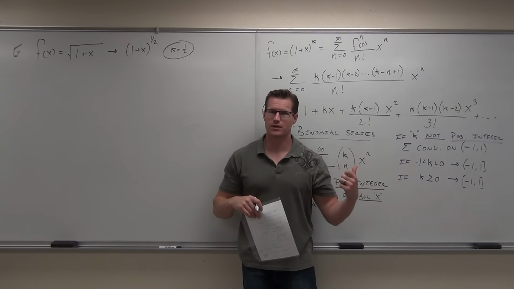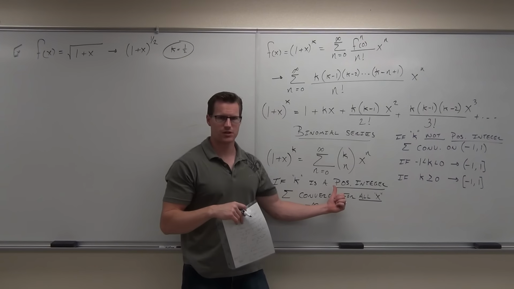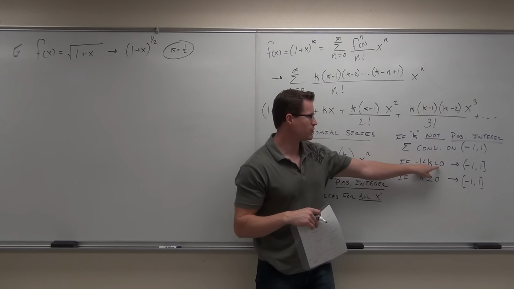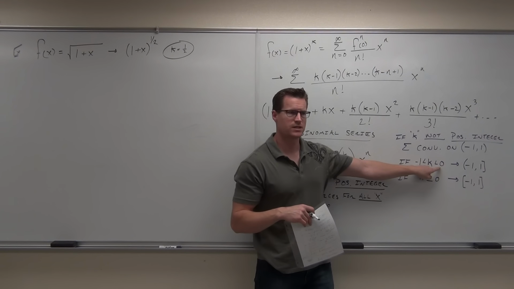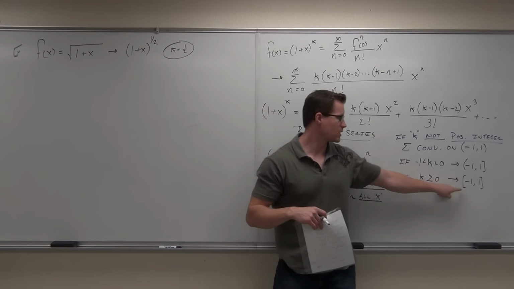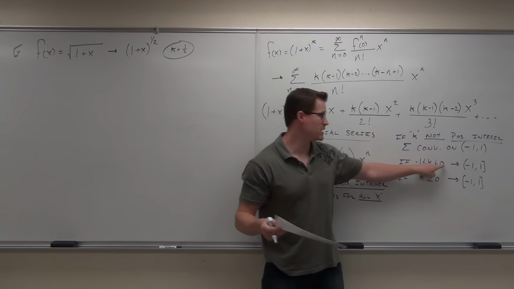Okay, now let's think carefully. So we're not here, right? No. k is not a positive integer. k is positive. Is k between -1 and 0? No. Is k bigger than 0? Yes. We're here. If we weren't here and k was negative, let's say k was -1/2, we'd be here.